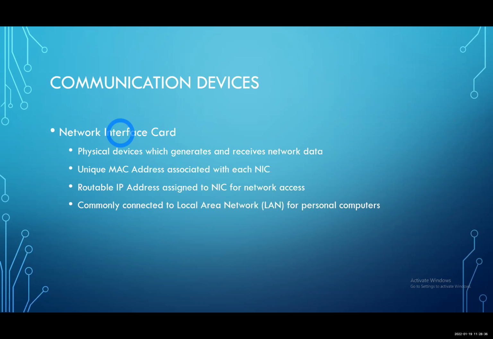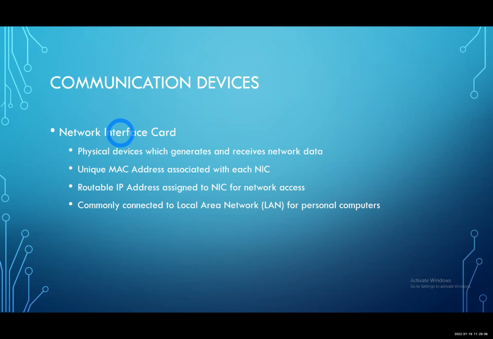So for example, your cell phones have several network interface cards. One is for Wi-Fi. One is for Bluetooth. Another one is for NFC, near field communication, which is what you use for Apple Pay or Samsung Pay or Google Pay or whoever's Pay.